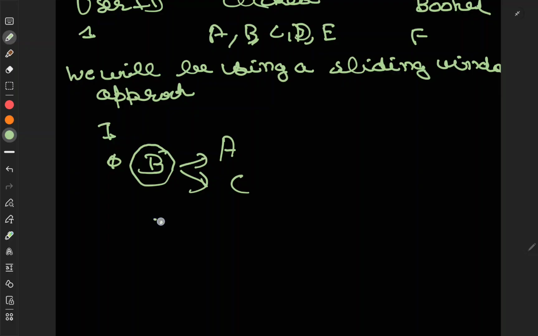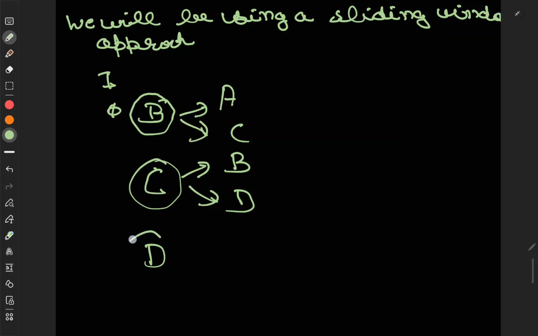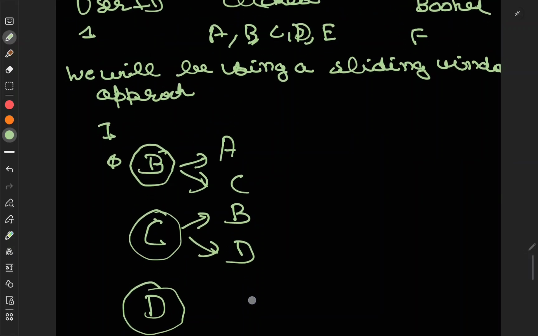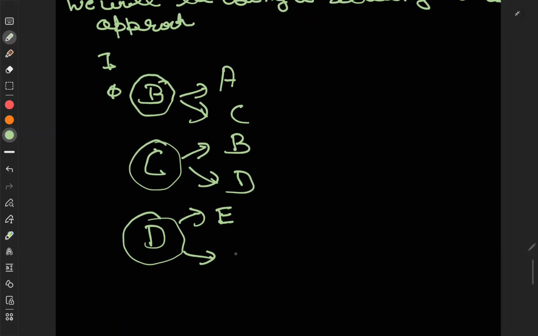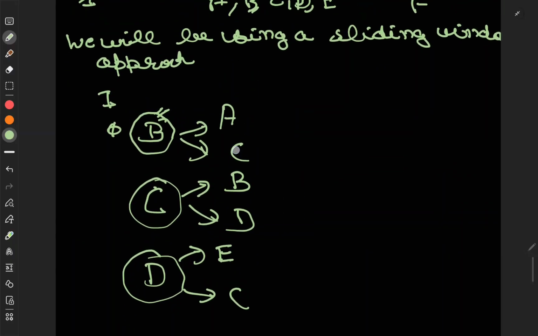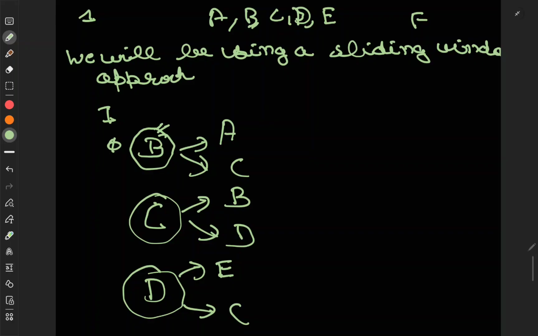If the user is seeing C, then we can show him B or we can show him D. If the user is seeing D, we can show him E or we can show him C, right? So this is a sliding window approach where the window size is 1. We will be using such an approach to build our data set.